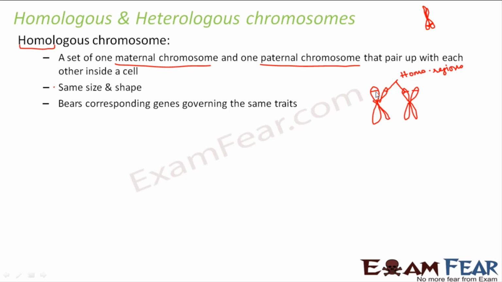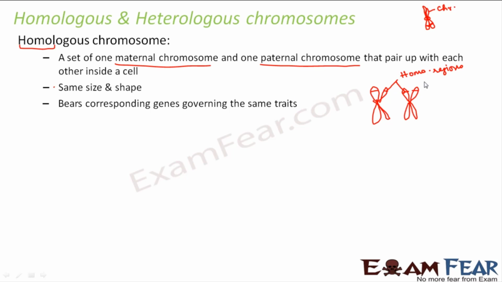Now you might ask that the same gene is present here also, but what are these two? These are the sister chromatids, which I have already explained. This center part which joins the two chromatids is known as the centromere. So the homologous chromosomes are two different chromosomes where the same genes are present in the homologous region.